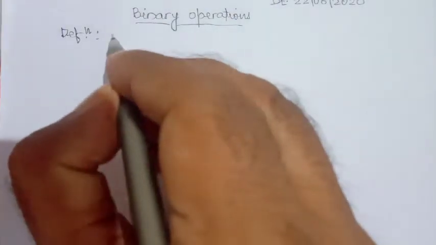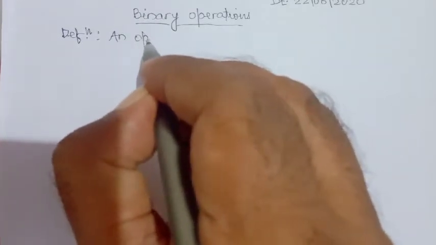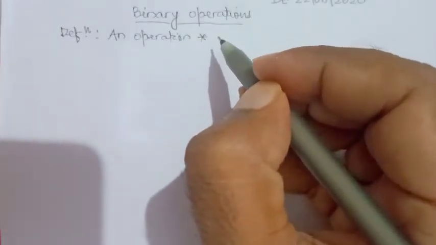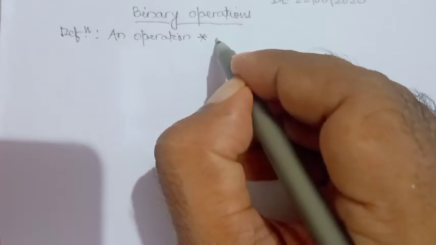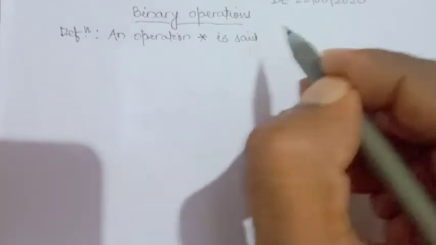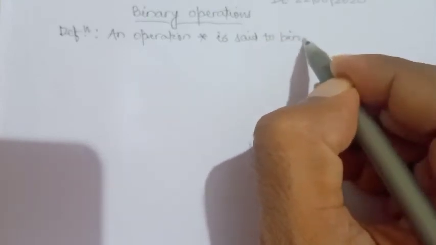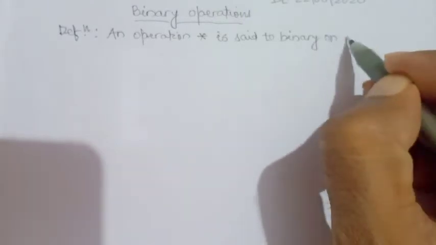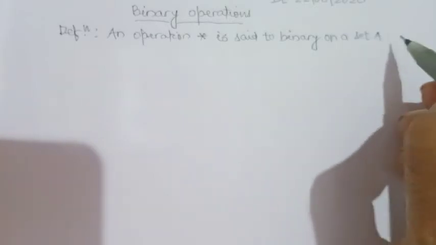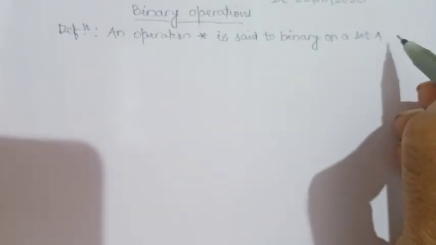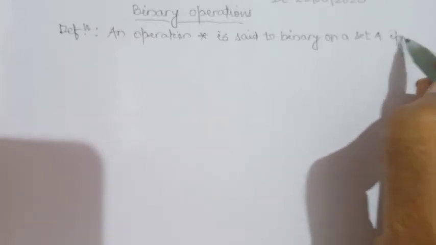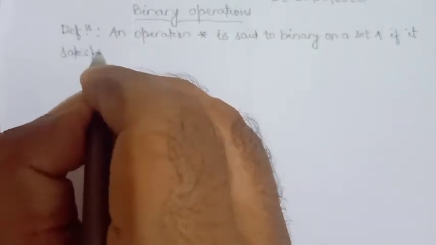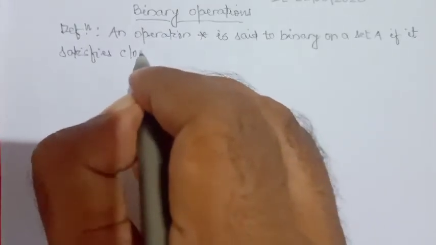You may write like this: an operation star mark is said to be binary on a non-empty set A, if it satisfies closure property.